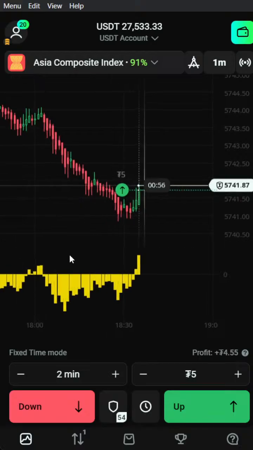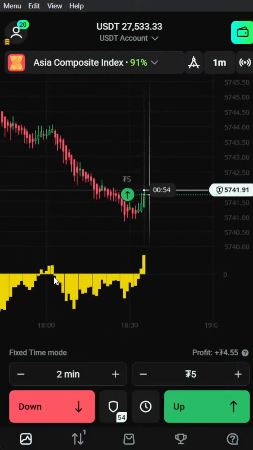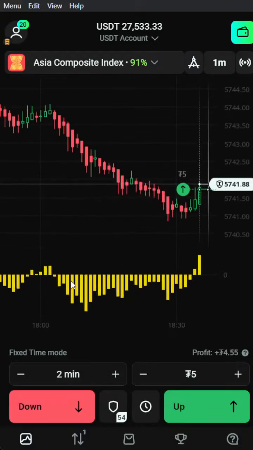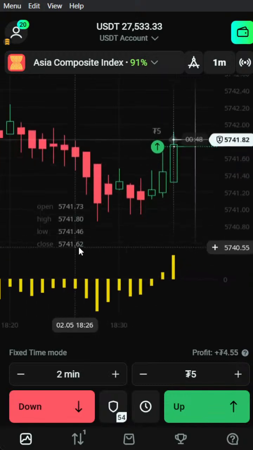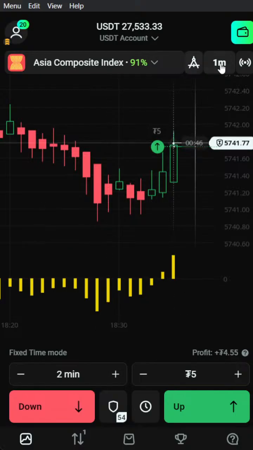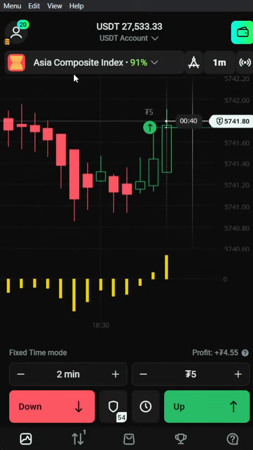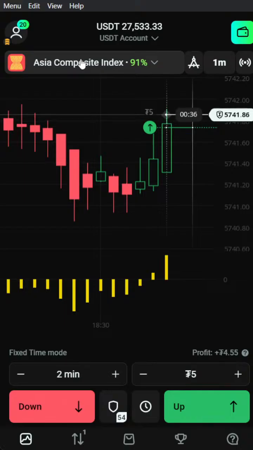In the same way, if the DPO is appearing below the zero line and the color of the candle is red, we can make a 2 to 3 minutes down trade. The candle time has to be 1 minute. The trade time can be anywhere between 2 to 5 minutes. Now this uses the Heikin-Ashi candlestick. So we will be using Heikin-Ashi here. It's automatically applied when you set this strategy.